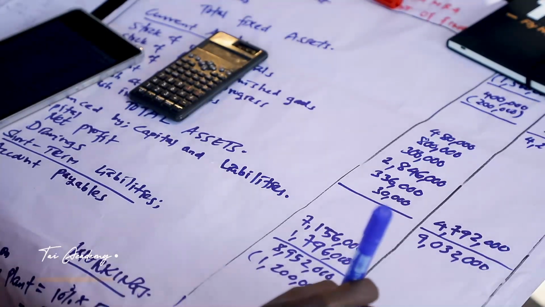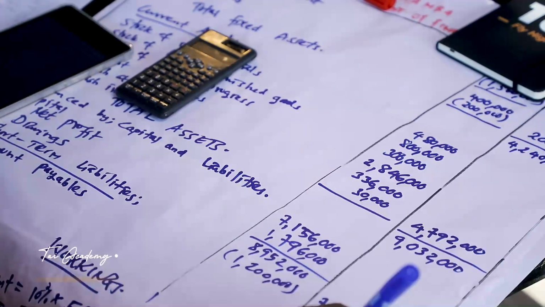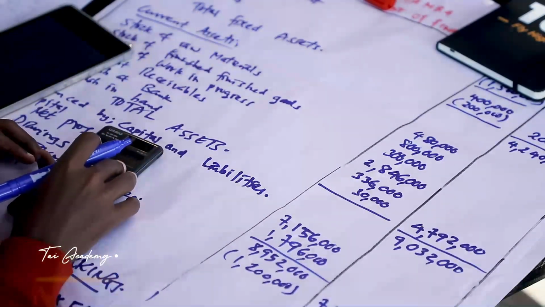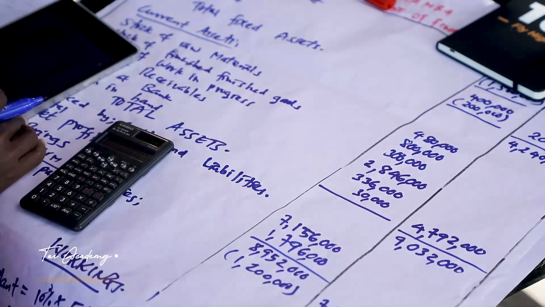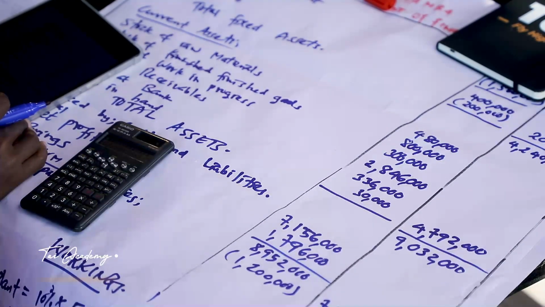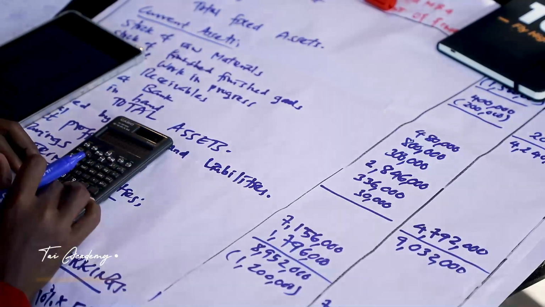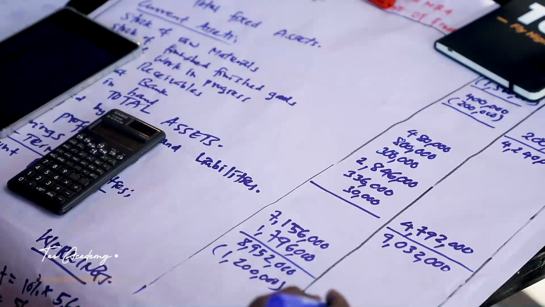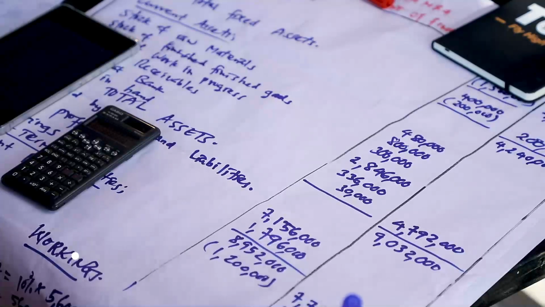Ambapo ni milioni 1,200,000 kaita. So after that tuna add hizo, so when you add you get 90, 32.